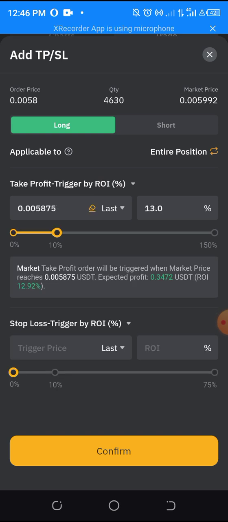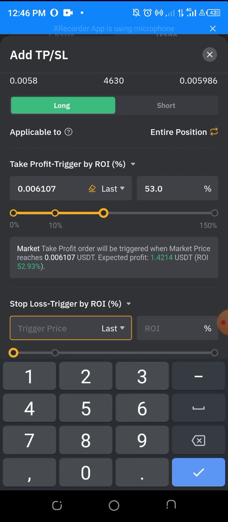So for instance, I'm going to set my target profit at maybe 20%, and my target stop loss at maybe 5% or thereabout.